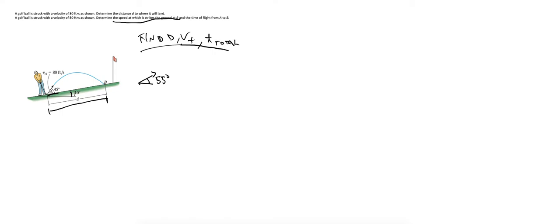Before I get to actually solving it, I want to show you guys something very important about projectile motion, right? We're assuming no air resistance. We're also assuming no loss, basically assuming perfect conditions, which means that the projectile, which is the golf ball, is going to have a parabolic type of trajectory.